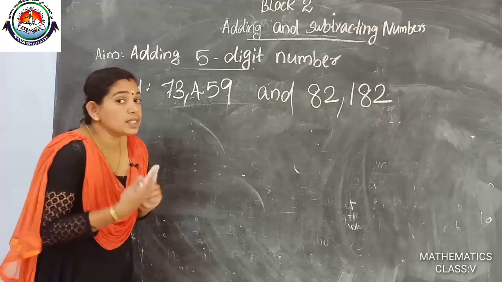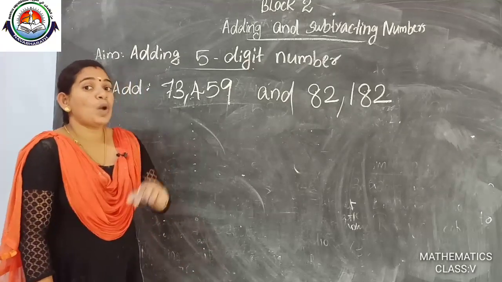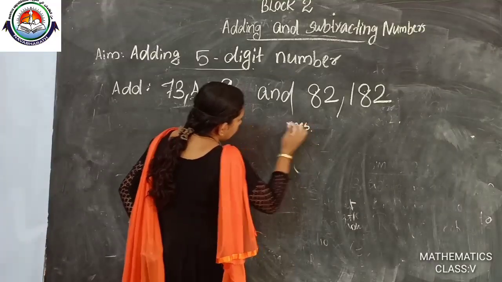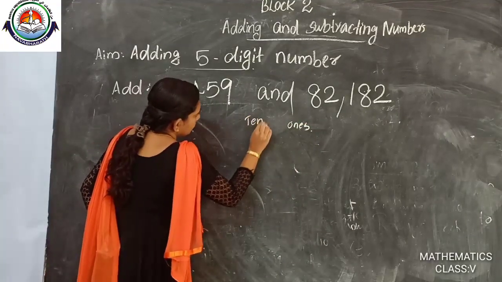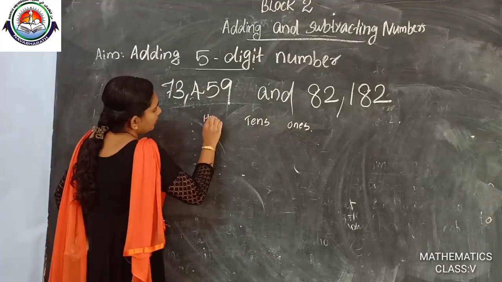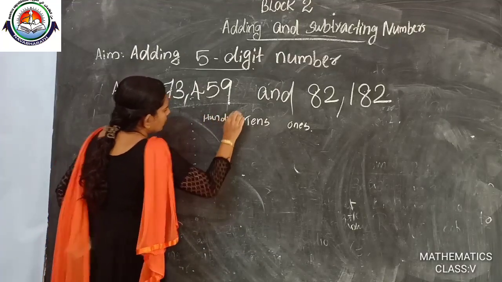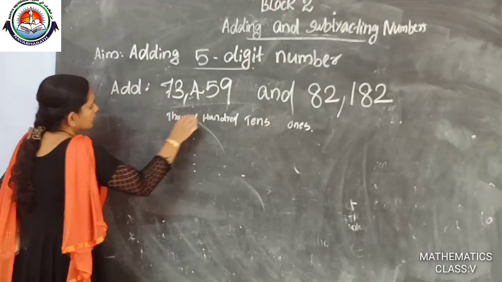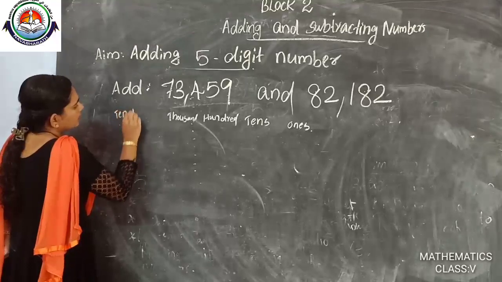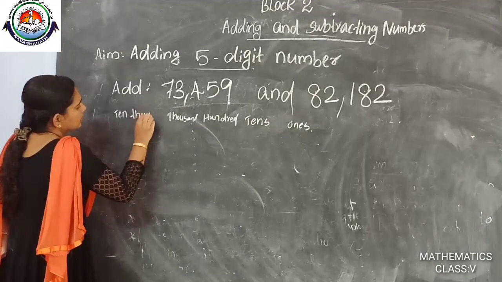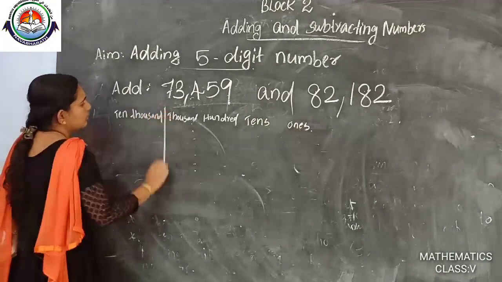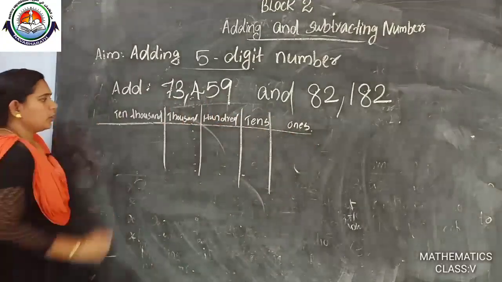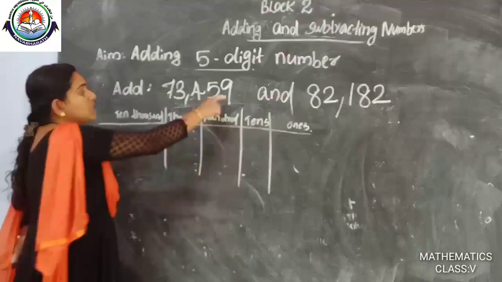So what do we do first? We make a place value chart: ones, tens, hundreds, thousands, ten-thousands. Okay. Then we will arrange these numbers.